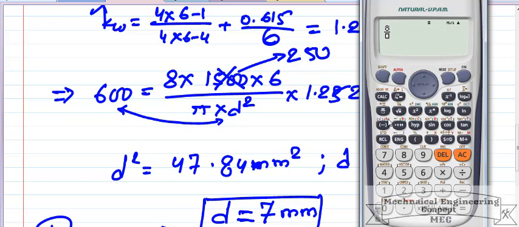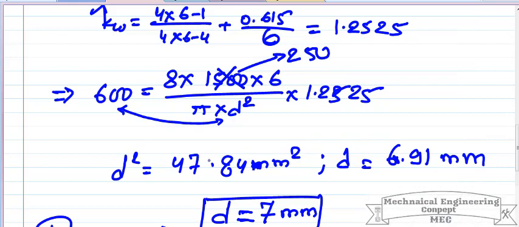So 8 into 250 into 6 into 1.2525 divided by 600 into pi. Take the square root of that. 2.82 will be the value.